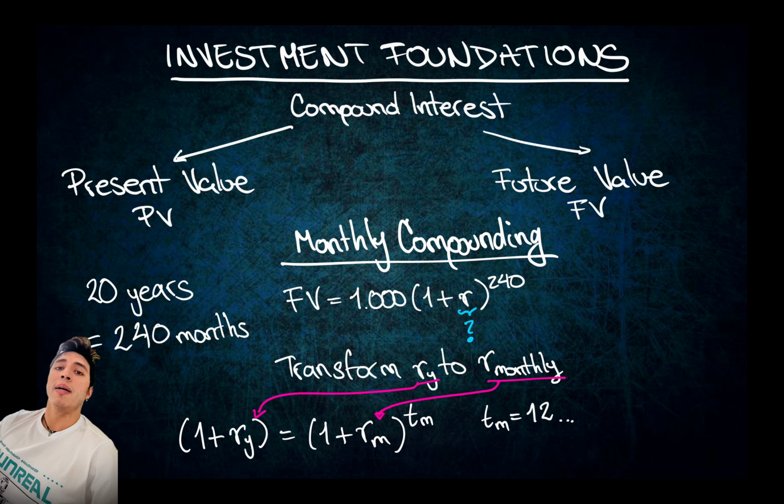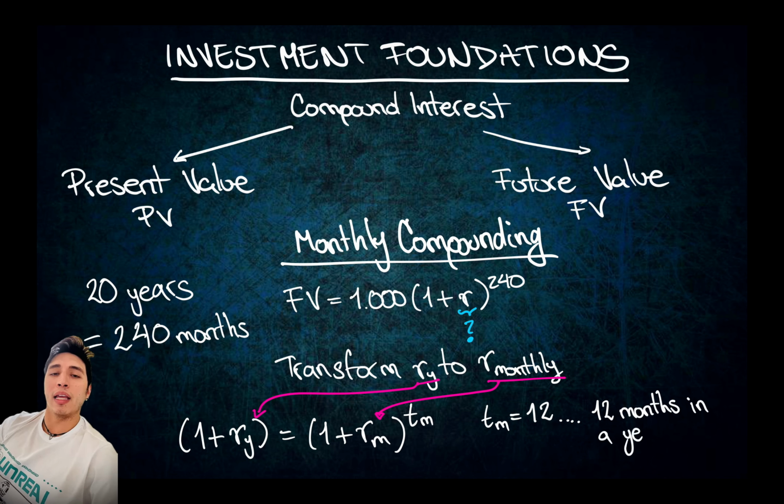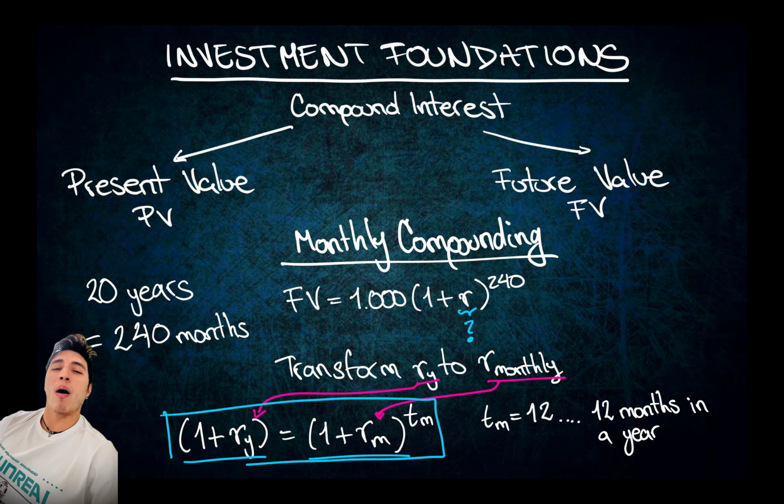Why 12? Because it's the number of periods that is contained in the higher dimensional interest rate. On the left-hand side of the equation, we have a yearly interest rate. On the right-hand side, we have a monthly interest rate. We know that there are 12 months within a year, so that's why we have a power of 12.